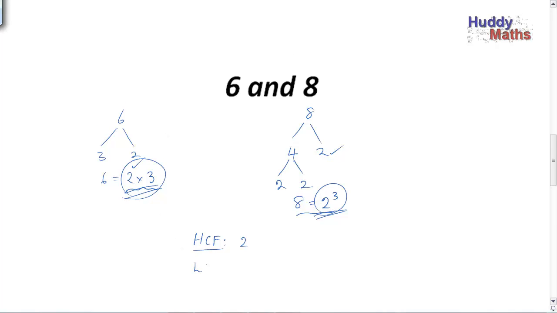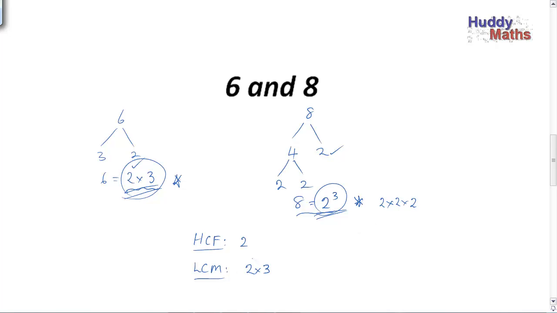Okay, let's look at the lowest common multiple. It's got to be big enough for both the numbers to go into. In other words, it's got to be a multiple of each of them. Let's start with this one over here. We need 2 by 3. And then over here, what extras do we need? Well, let's just write this out in full. It's 2 by 2 by 2. So actually we need 2 cubed.